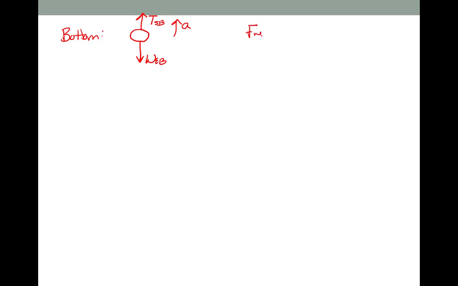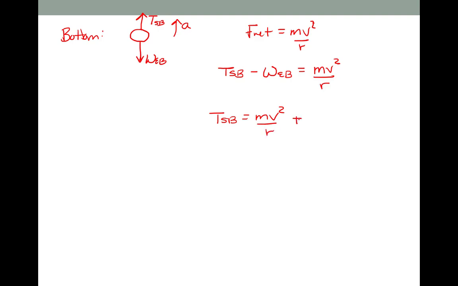So now if I do F net equals mv squared over r, I have the tension in the direction of the acceleration. The weight is in the other direction. That has to equal mv squared over r, or in other words, tension equals mv squared over r plus mg.